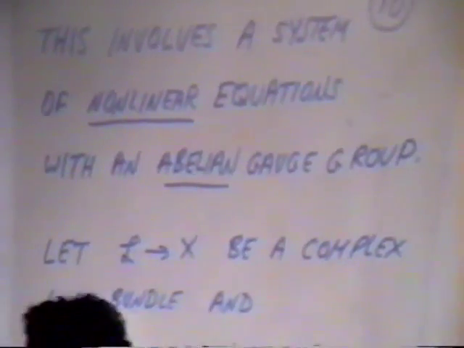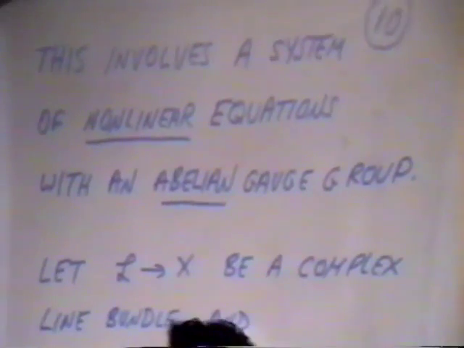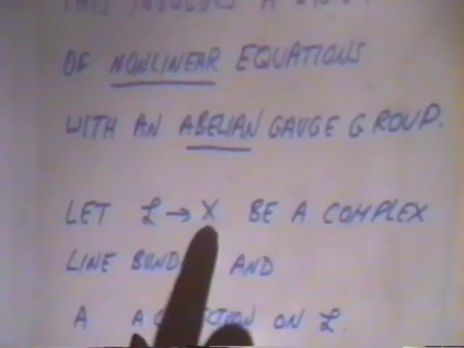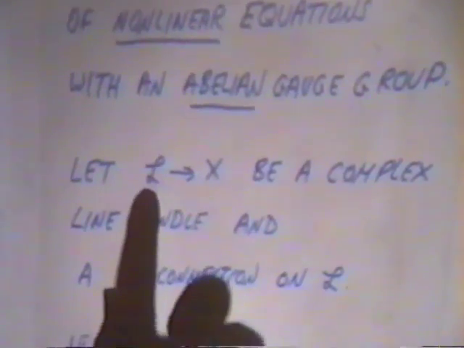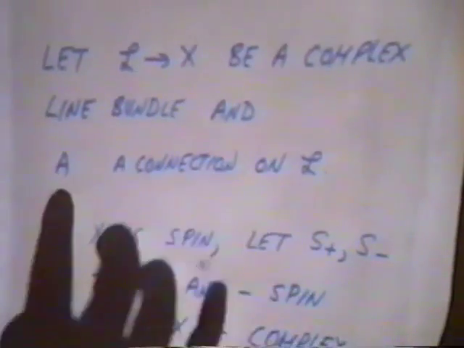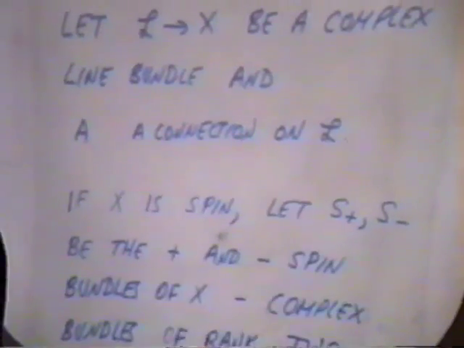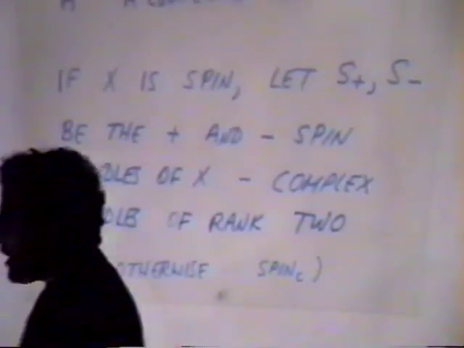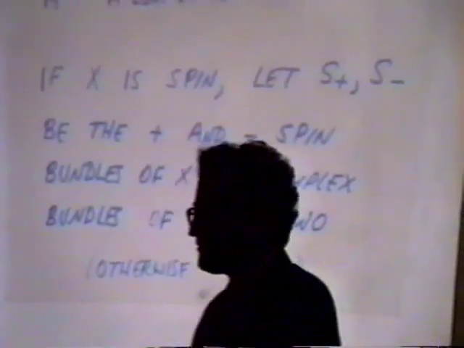So here we have a system of nonlinear equations, but with an abelian gauge group. So, for instance, X is a four-manifold. If X is spin, we take a complex line bundle L over X, and we let capital A be a connection on L. And then we've got the two spin bundles, say S plus and S minus, which are complex bundles of rank 2.